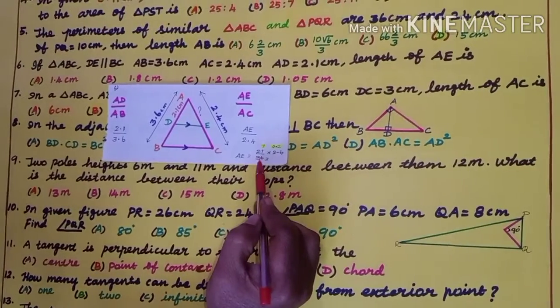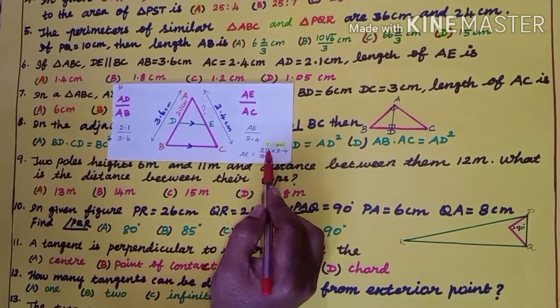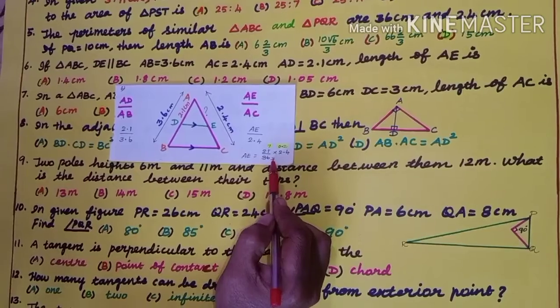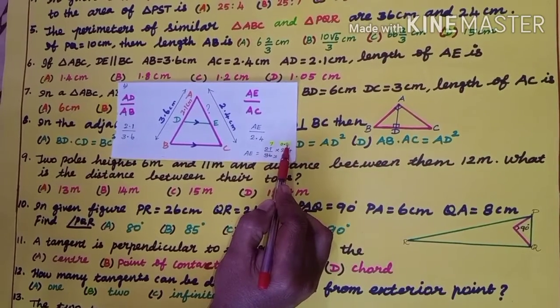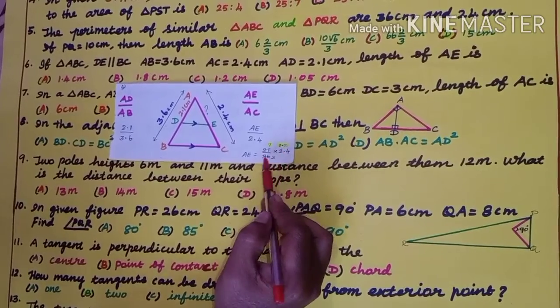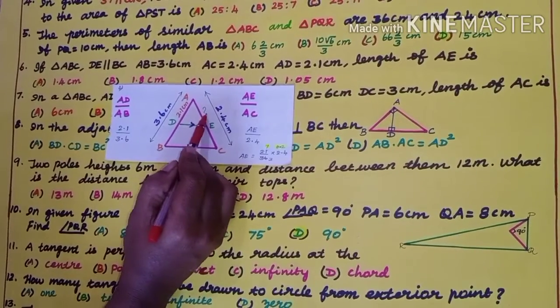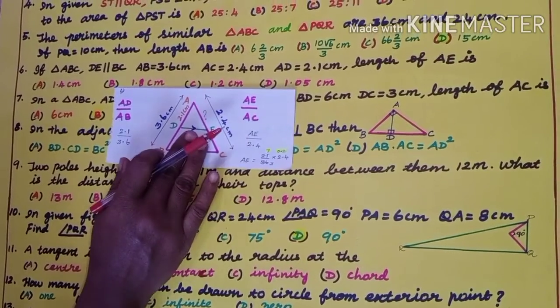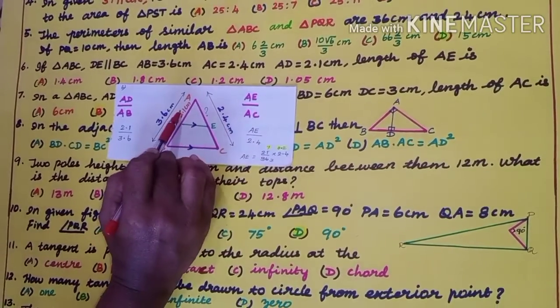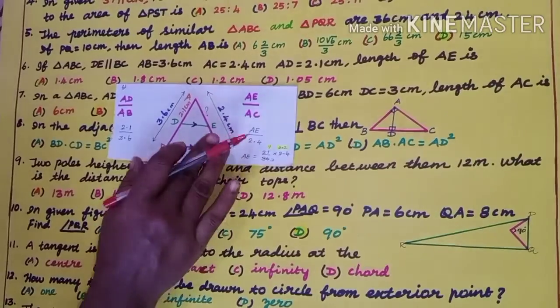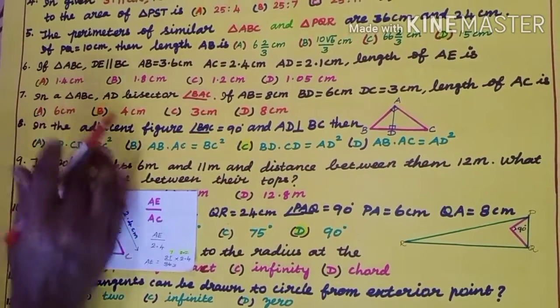So 21 by 36 into 2.4. After cancelling 3 table, 7 times, and cancelling 3 table, 0.2 times, 7 into 0.2 is 1.4. So AE is 1.4. This is in the ratio 3 times and 2 times. So 1.4 is your correct answer.